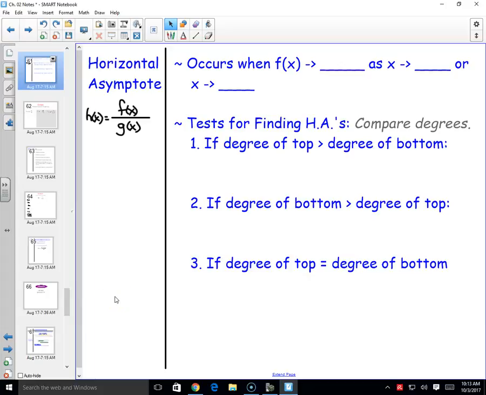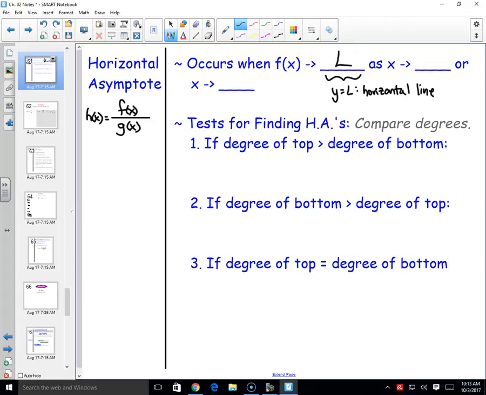A horizontal asymptote, when does it happen? When does it occur? When f of x approaches a constant, not an infinity, a constant. And this constant, y equals L, would be a horizontal line.